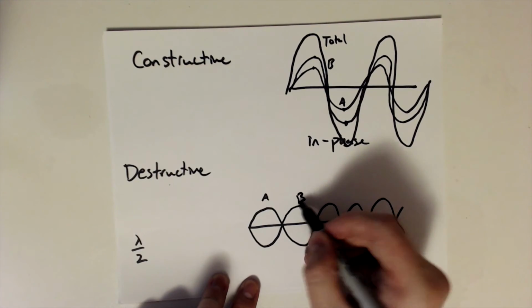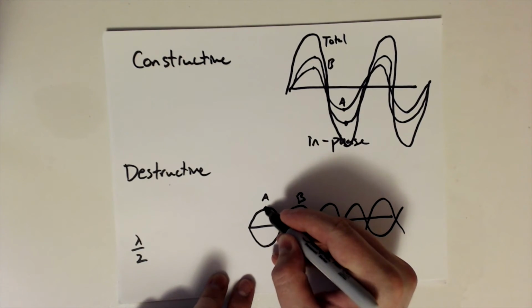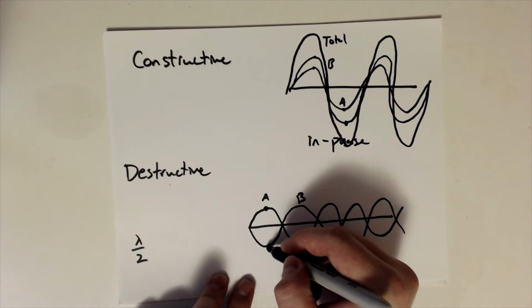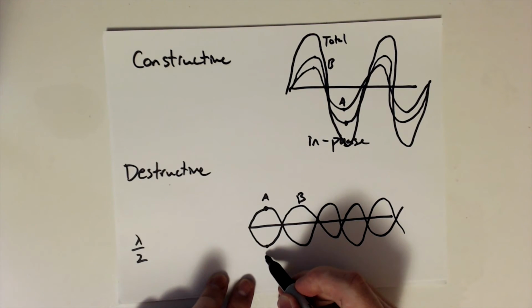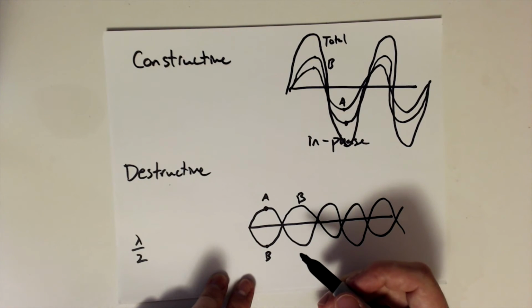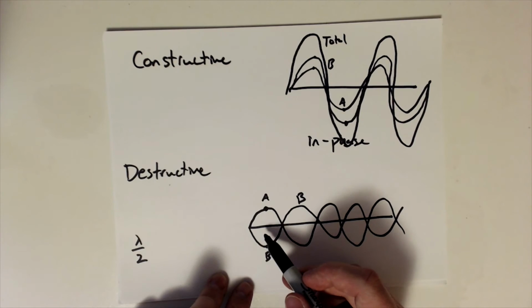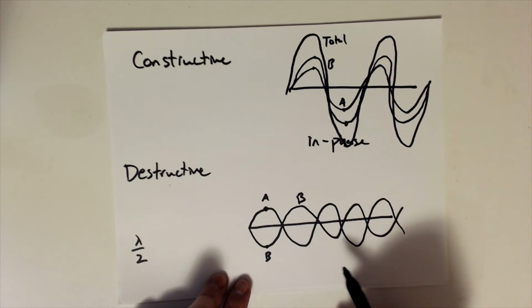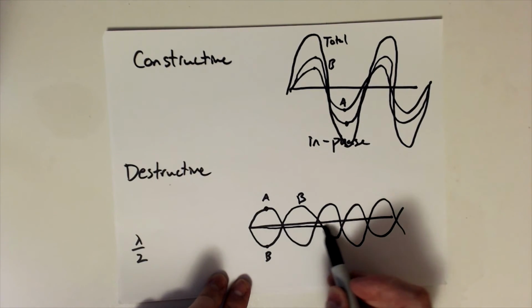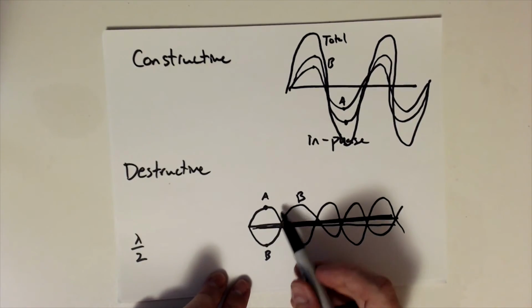This is B. It's shifted such that the maximum of wave A is at the same x position as the minimum of wave B. That annihilates the amplitude of the resultant wave, so our resultant wave in this case would just be 0, because these are canceling out.